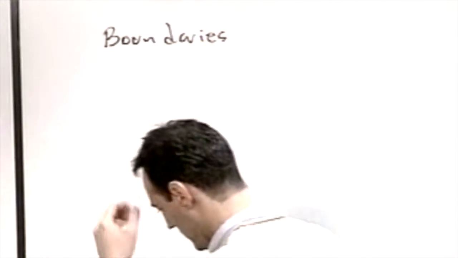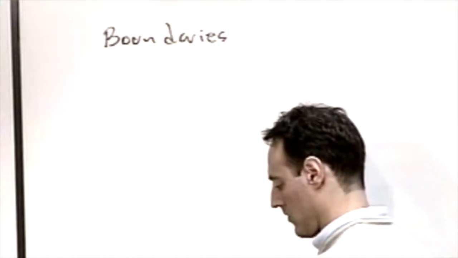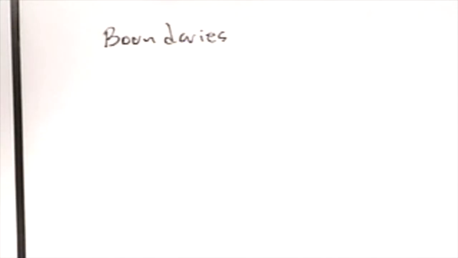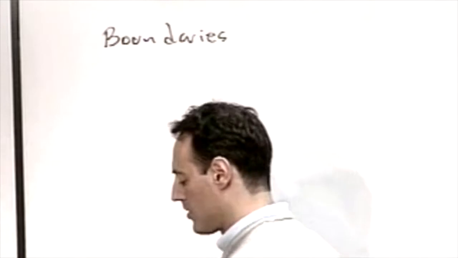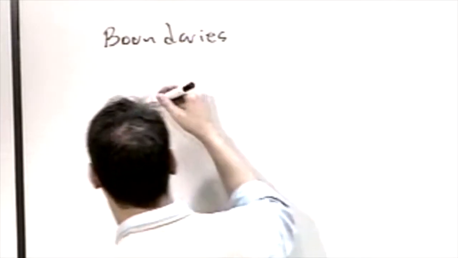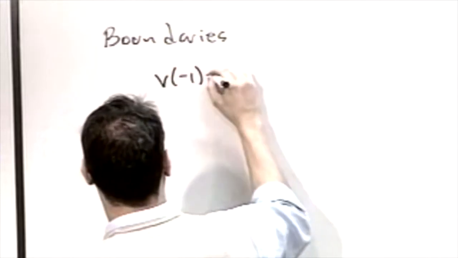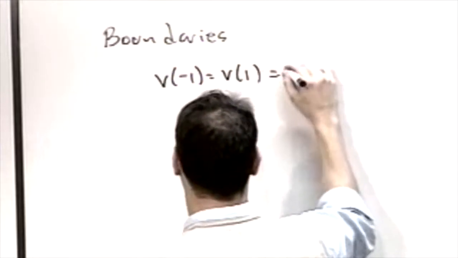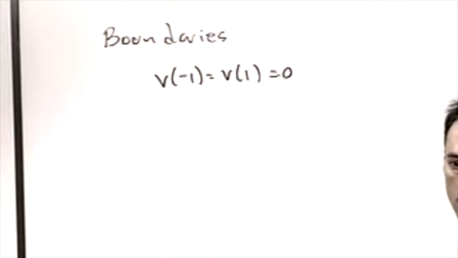Boundaries. So, for instance, we might have the boundary conditions that are the following. How about v at -1 is equal to v of 1 is equal to 0? Okay?